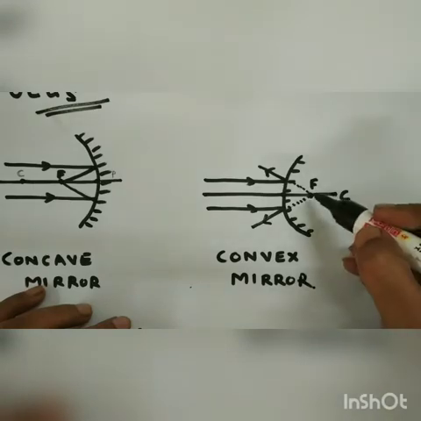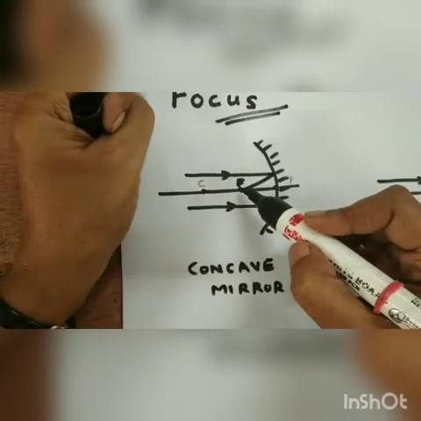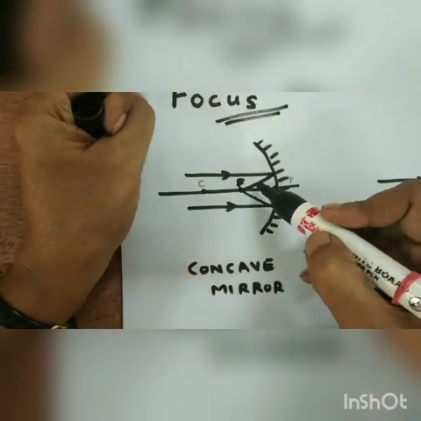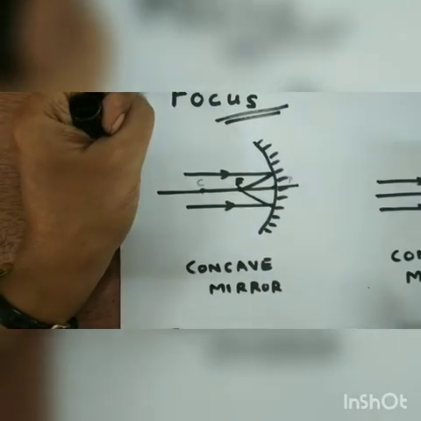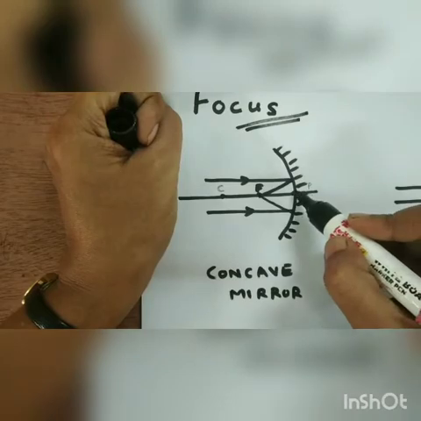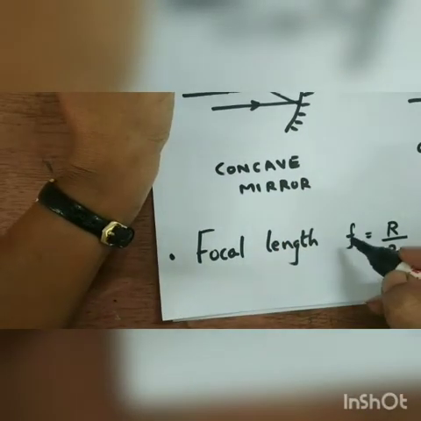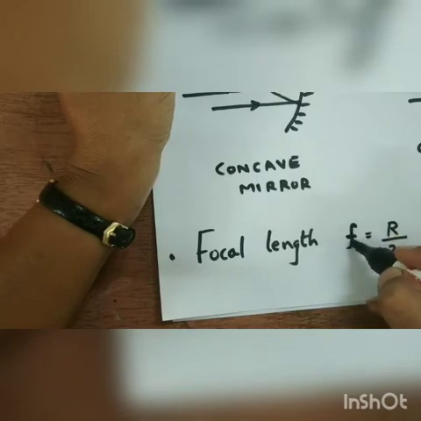So focus of a convex mirror is a virtual point, while focus of a concave mirror is a real point. Actually, the ray of light is meeting at this point, and the distance between the focus and the pole is called focal length, and it's represented by small letter f.